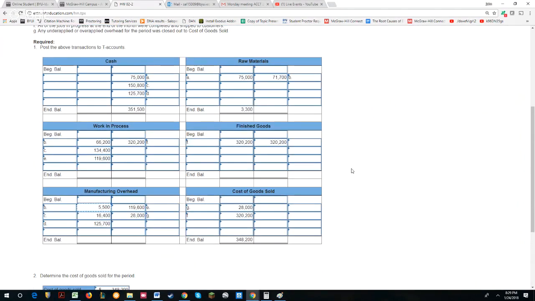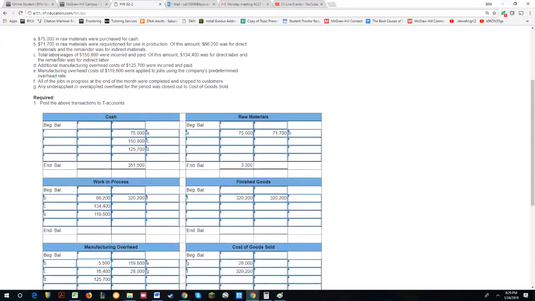Yeah, okay, so let me just reiterate that last one. So I got raw materials is a credit right there. Credit. And then credit to raw materials, right? And then that amount was 66, so that is going to be a debit to work in progress and a debit to manufacturing overhead.